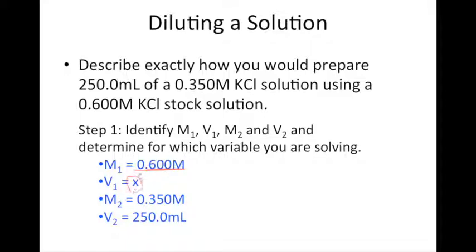V1, what volume of the stock solution do we need to remove? Well, we don't know that, so we'll call that X. We want our diluted solution to have a final molarity of 0.350 molar. And we want the final volume of our diluted solution to be 250 milliliters.